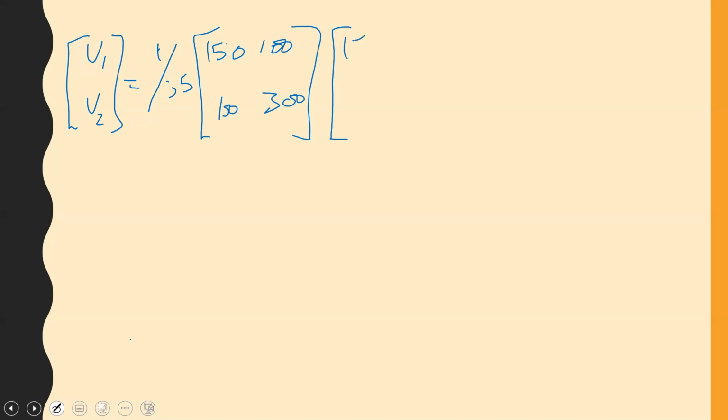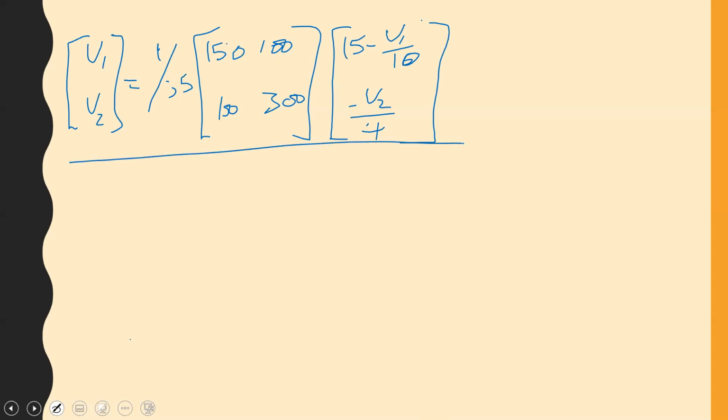So you'd have 15 minus V1 over 10. And for this one, I2 would have been minus V2 over 4. Right? So you now have two equations in V1 and V2. You solve them, and all things being equal, you will get the same result.